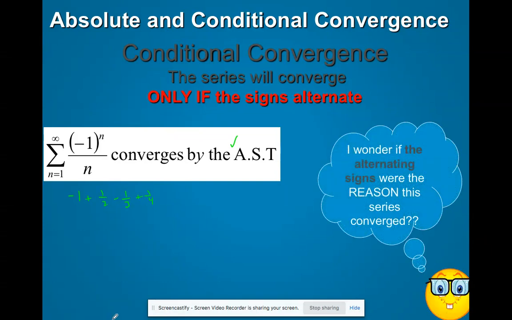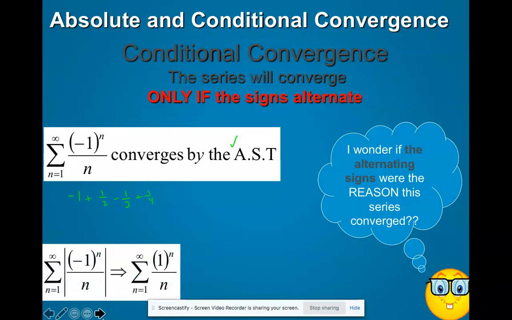If I want to know what kind of convergence, I want to know, will this series still converge if the signs are all positive? I take the absolute value of my series, and this time I get the regular harmonic series, which when I put in 1, I get +1, +1/2, +1/3, +1/4, and so on.